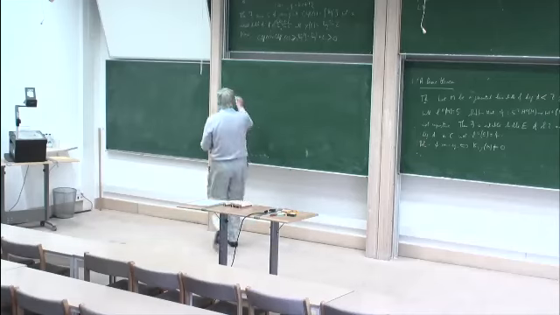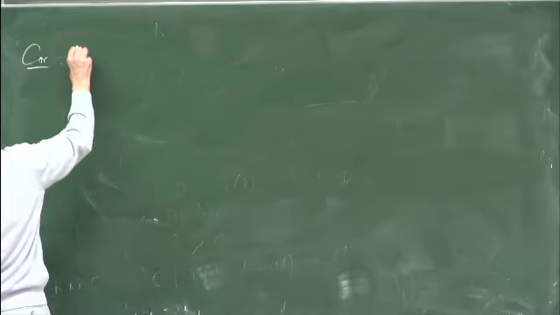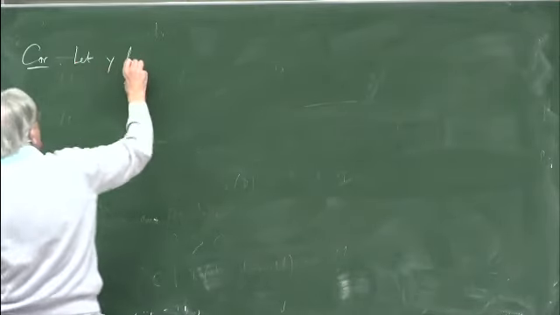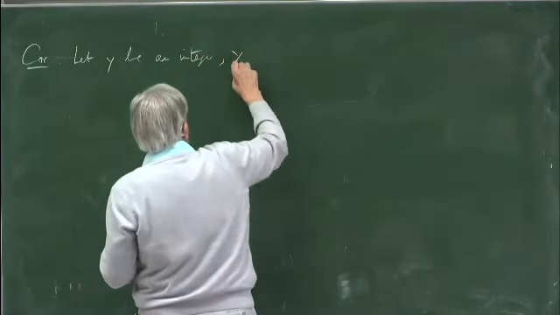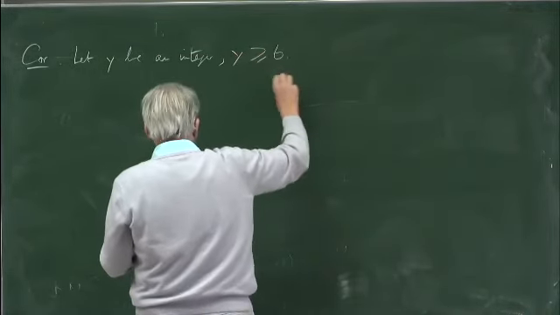Corollary: let gamma be an integer, gamma greater than or equal to 6.